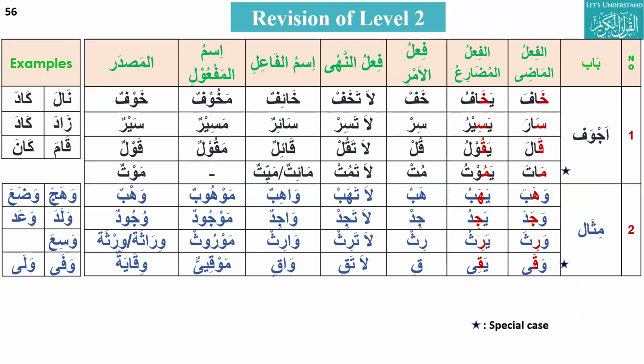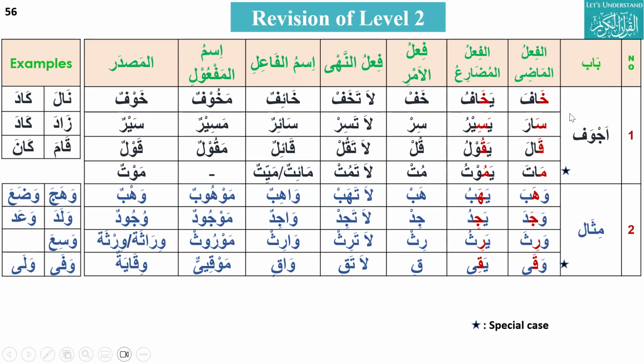Then there is a need for level 2, because these are also three letters, but they cannot fit exactly on the pattern of level 1. They have a different pattern, so we made a separate level, called level 2. We can say this is a special case of level 1.